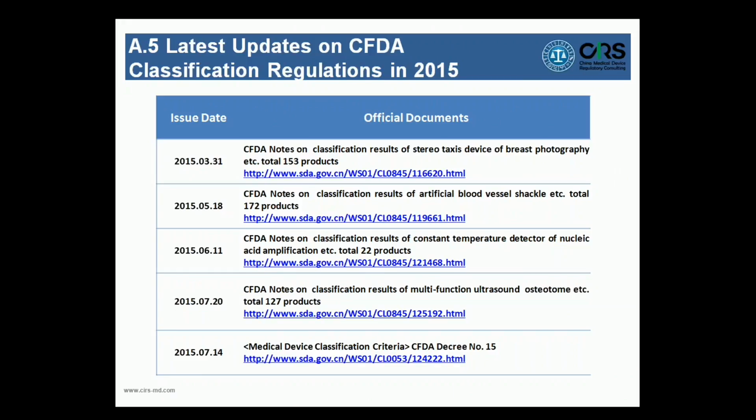Our team will include each update in our old catalog, so you can search our classification system to get this information. The system will be introduced later. Moreover, on July 14 this year, CFDA released the formal medical device classification criteria to replace the draft one. Our team also transferred it into our system.